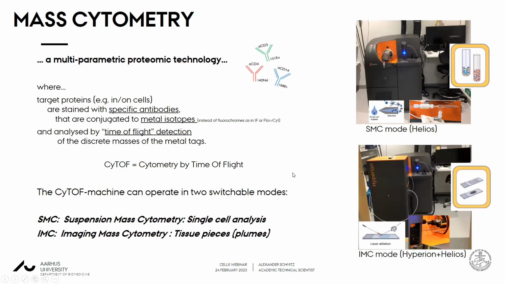The other mode is the IMC mode. So you equip the Hyperion module in front of the Helios. With this module, you can insert slides and ablate small pieces of the slide tissue into the Helios machine for the analysis. So that's the two ways you can use this machine.